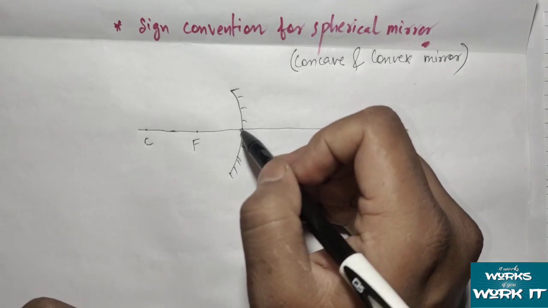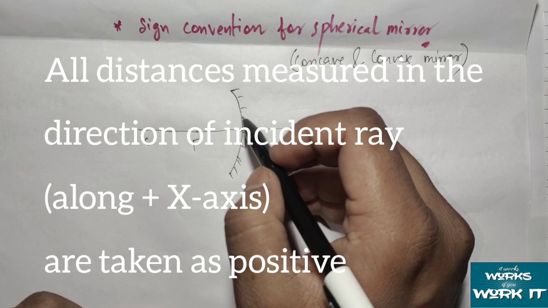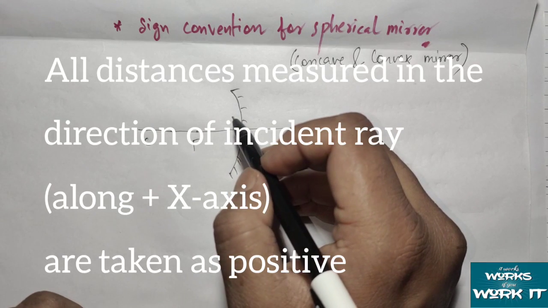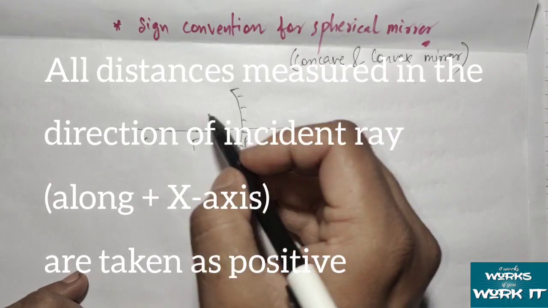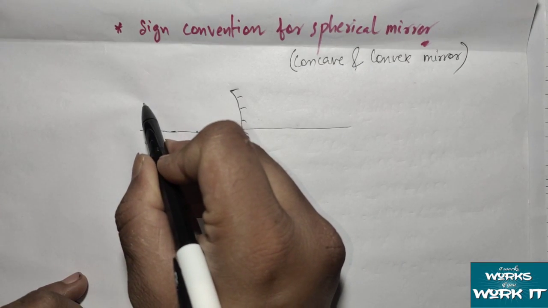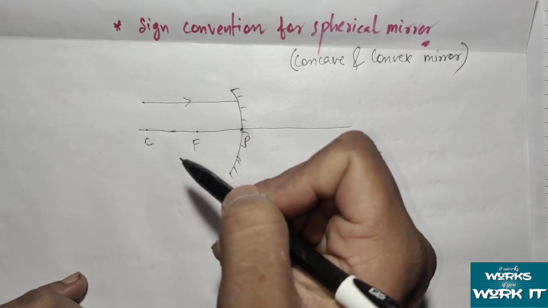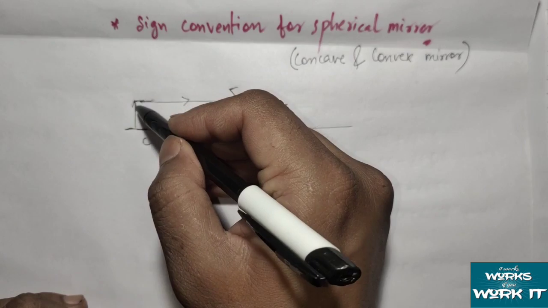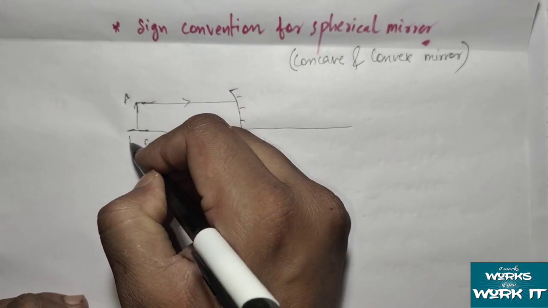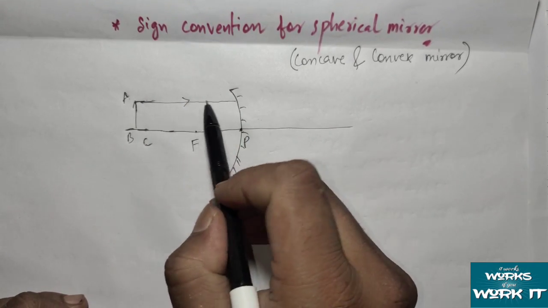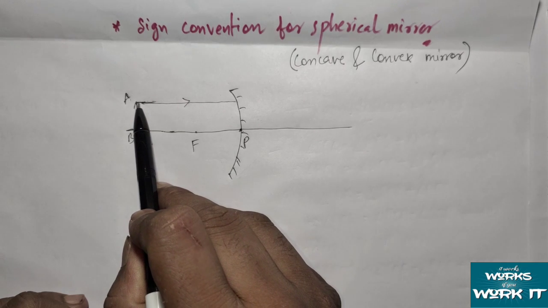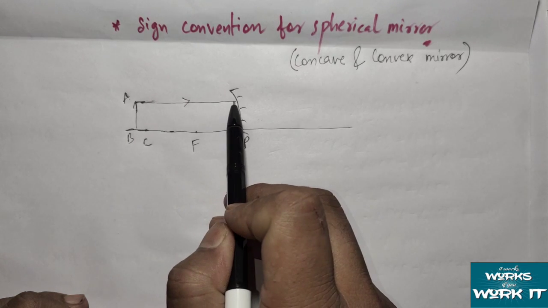Okay, so next one, distances measured in the same direction as that of incident light are taken as positive. So that means, suppose the light ray is coming over here, suppose this is an object AB, so the incident light will be directed this way.